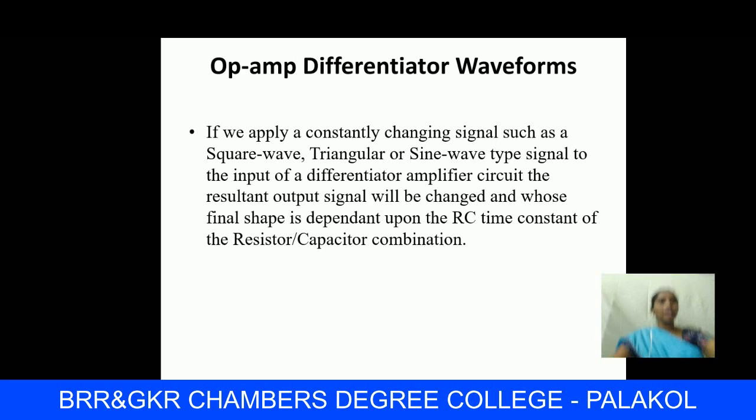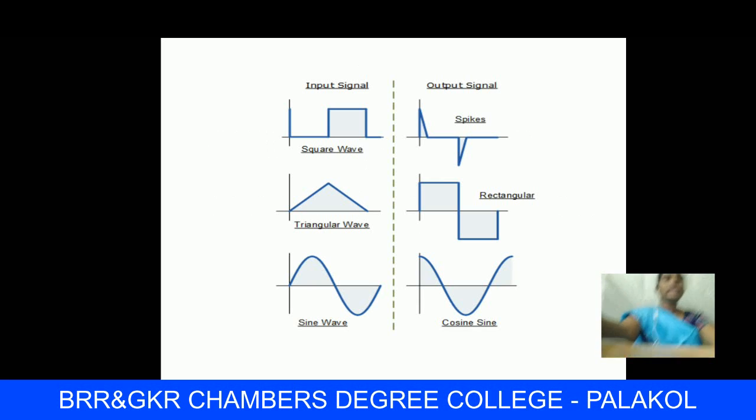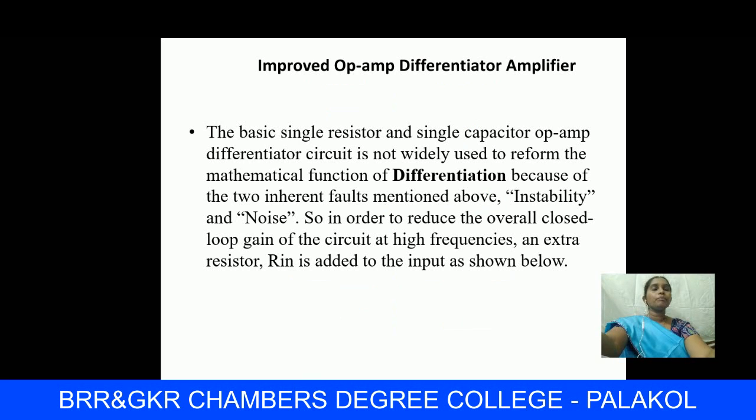Depending upon that time constant, it will appear. So these are the input signals, and the output will appear like this. These are called spikes. So this is a square wave and these are the spikes. Those are some important points we have to discuss. These are some of the important waveforms for this.